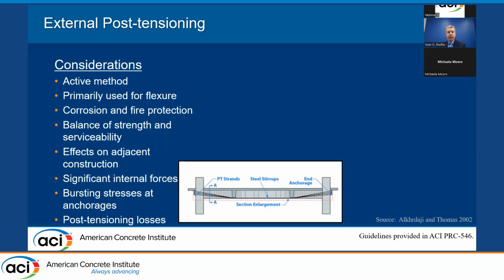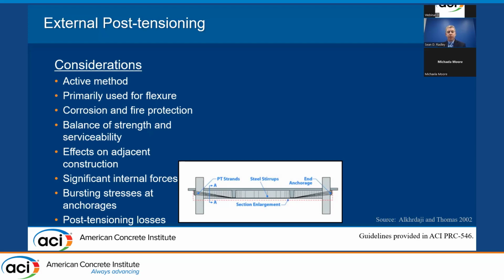Because we have exposed tendons on the exterior surface of our structure, we've got to think about corrosion and fire protection, as we did with the previous external technique. It's a balance of strength and serviceability. So we, of course, need to design for the strength that we need, but we also need to be conscious of any immediate and long-term deformations, deflections, and rotations, particularly how it affects adjacent construction.